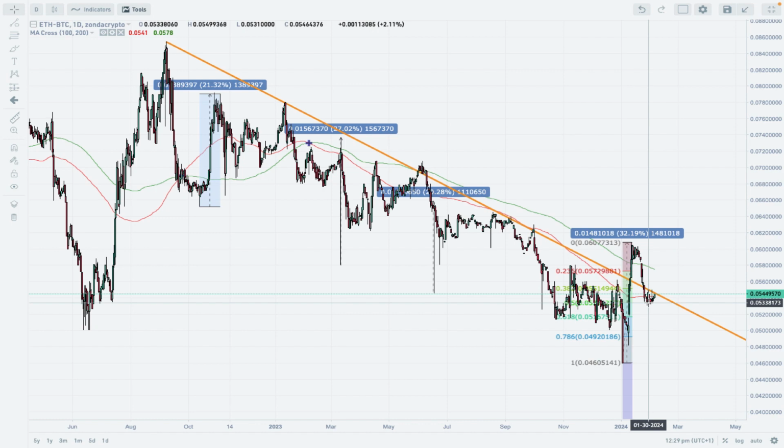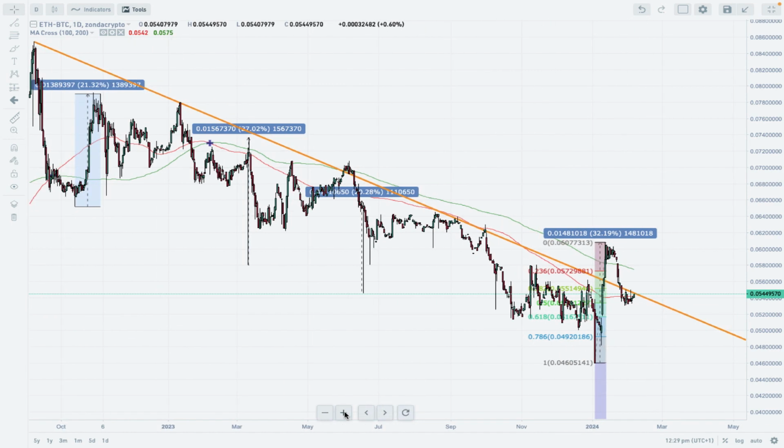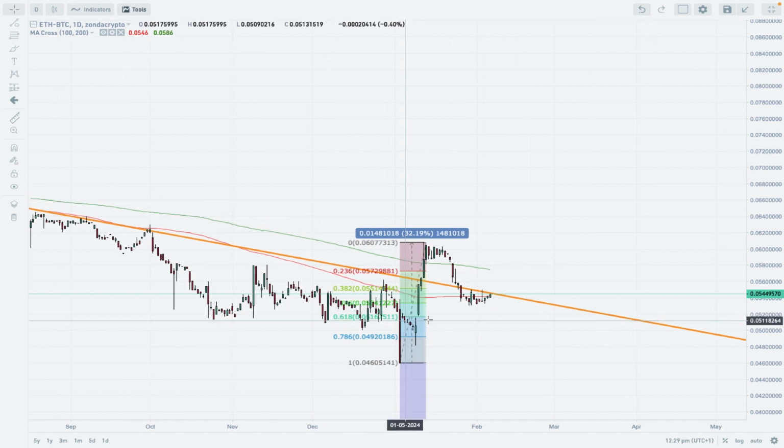Nevertheless, we cannot move lower. We cannot move below the 61% of the Fibonacci retracement, from the technical point of view, of course, which is located at 0.051. Okay, so if we move below this level, which is somewhere around here, right? If we move below this level, then this movement to the upside might be considered as slightly fake, basically.